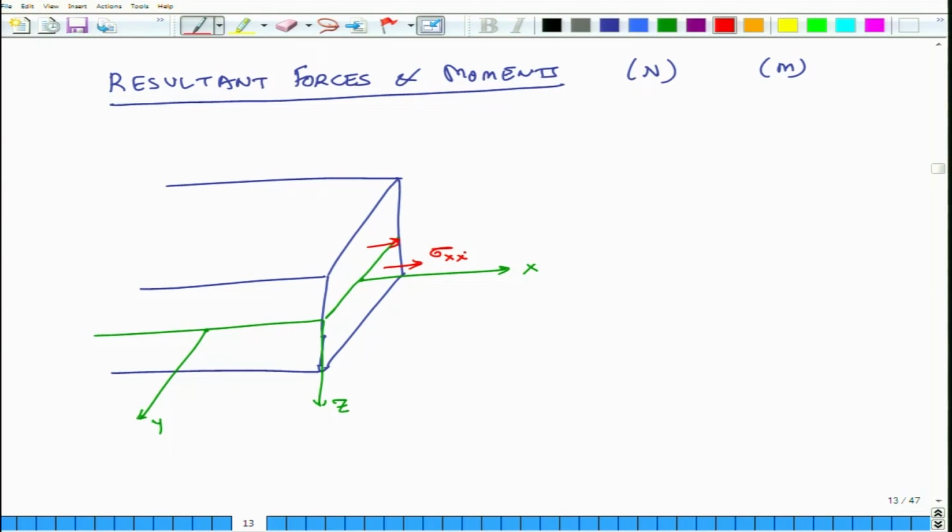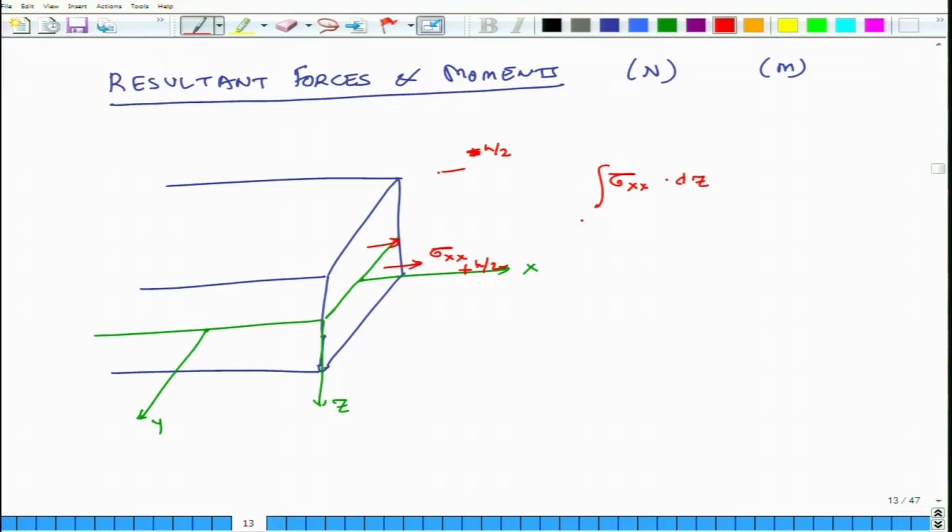If I integrate this sigma xx in the z direction, and I integrate it from, so let us say the total thickness of this composite laminate is h meters.